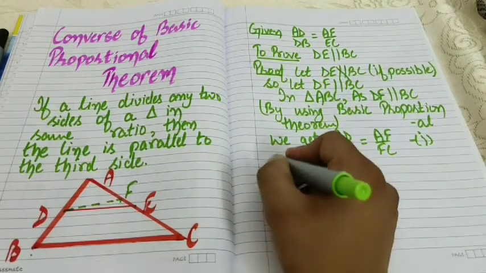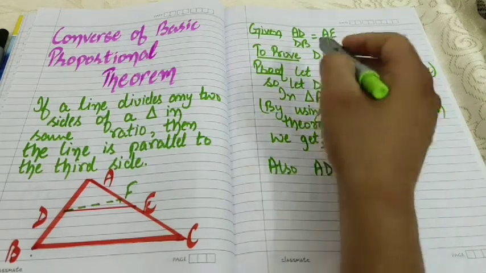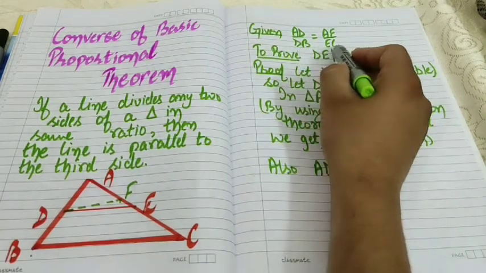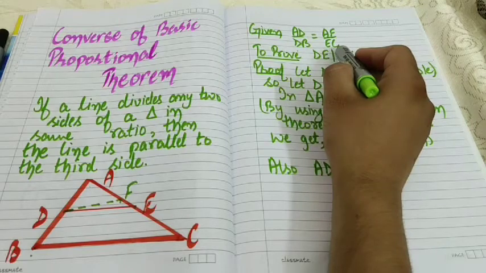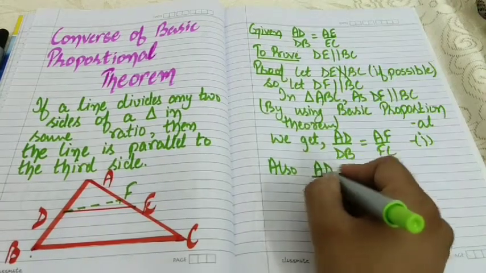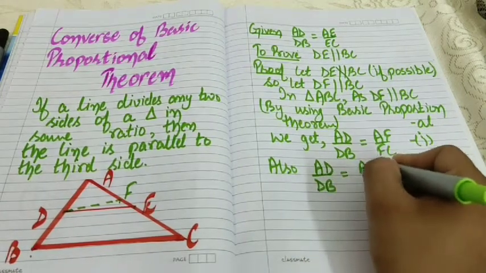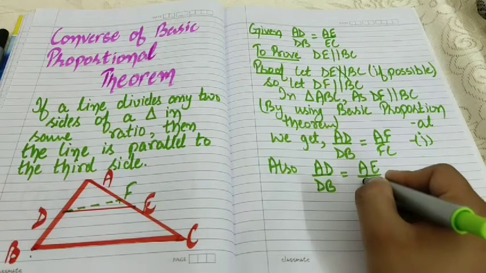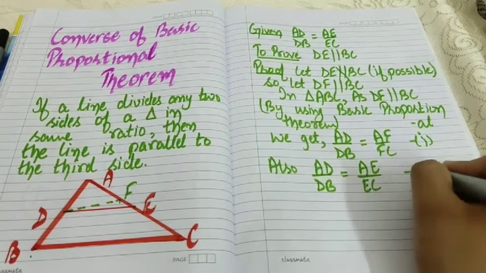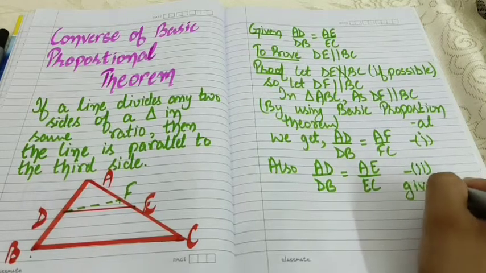Also it is given that AD upon DB is equal to AE upon EC. Let this be number 2, and we should mention this as given.